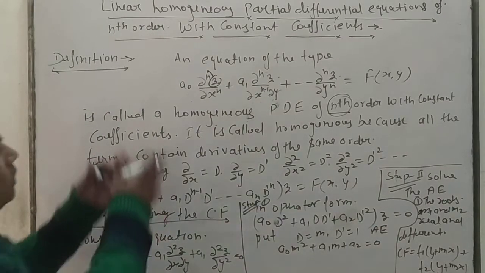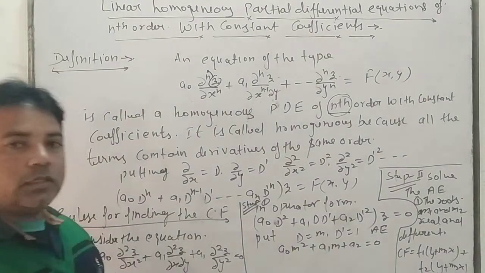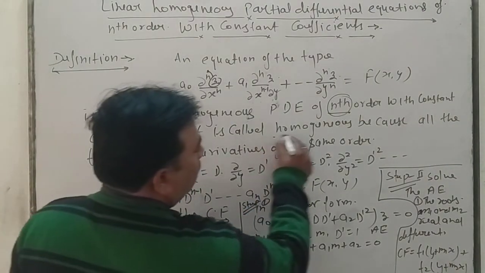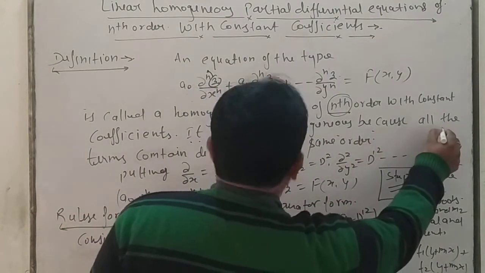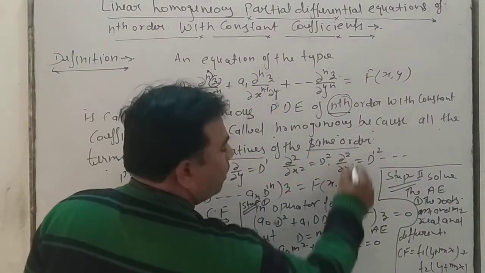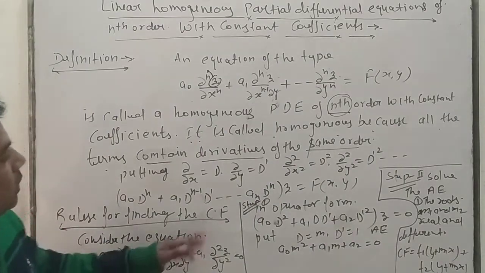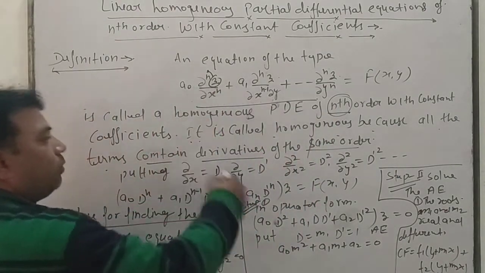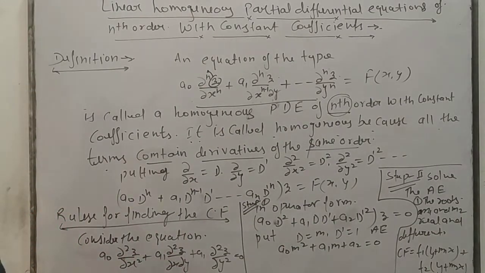Why is this partial differential equation called homogeneous? Reason: it is called homogeneous because all the terms contain derivatives of the same order. You can see that in the differential equation all terms contain the same order.